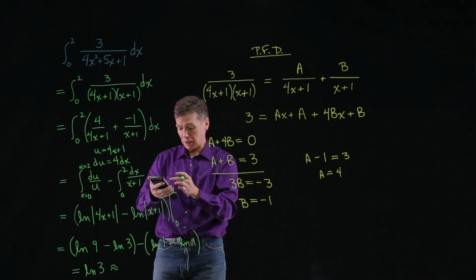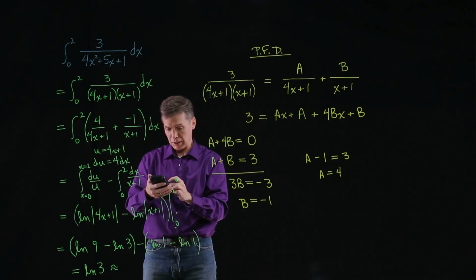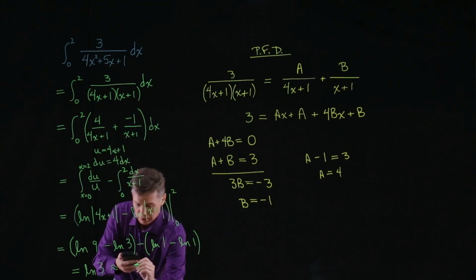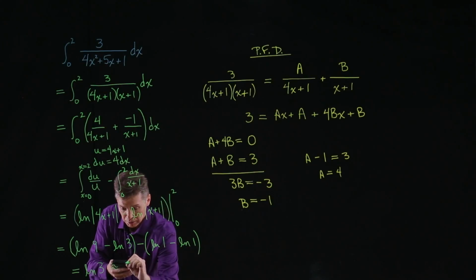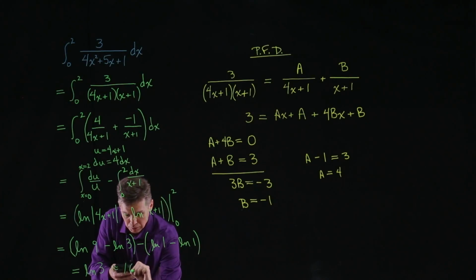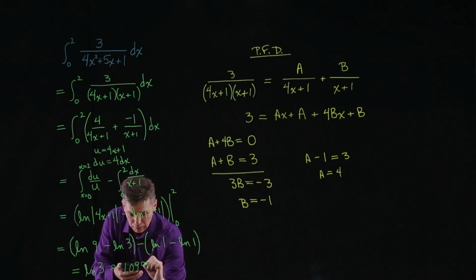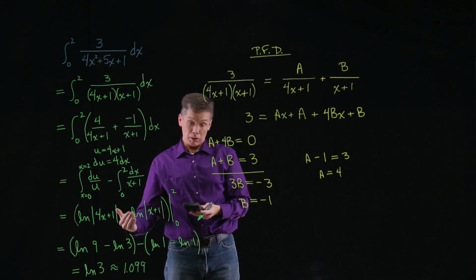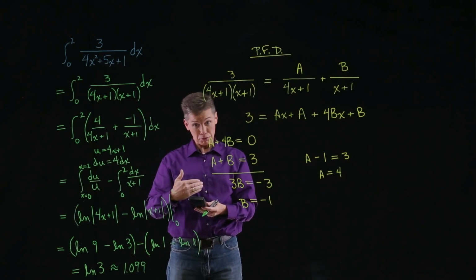Either way, let's type in the natural log of 3. And if I round, I guess maybe to 3 decimal places, 1.099. That's just something to anticipate then. Hopefully our graphing utility will confirm that.